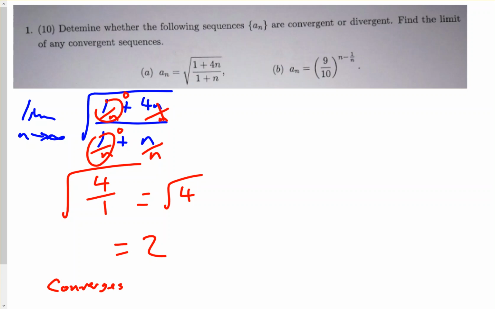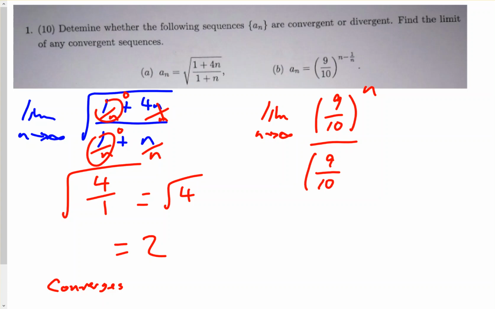Let's take a look at part B. We would take the limit as n approaches infinity. This one we could split apart and say we have the 9/10 to the n over 9/10 to the 1 over n, and take the limit of top and bottom.